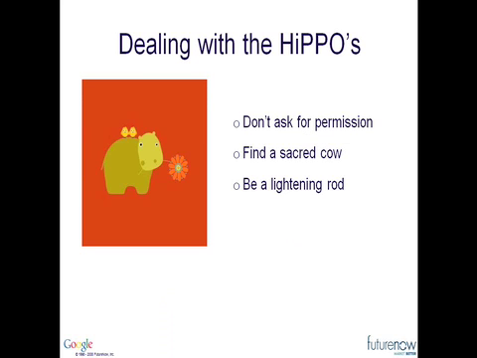The other thing that you can do is really try and be a lightning rod and go after those big redesign debates or big page design questions that have been constantly putting factions against each other, and try and settle it with a test.